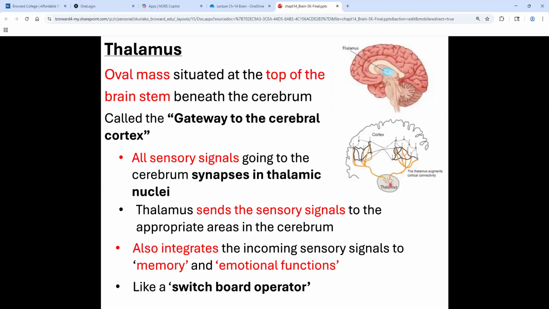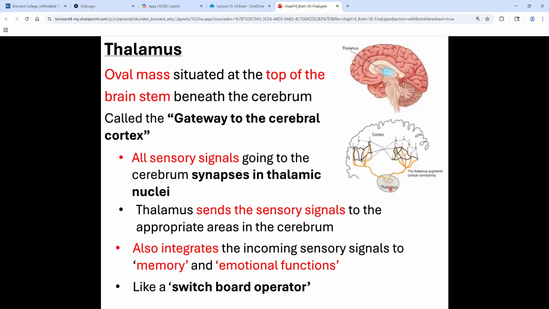What's a synapse? A neuron communicating with another neuron, right? We talked about synapses. And what the thalamus does is that it sends the signals to the appropriate area of the brain.